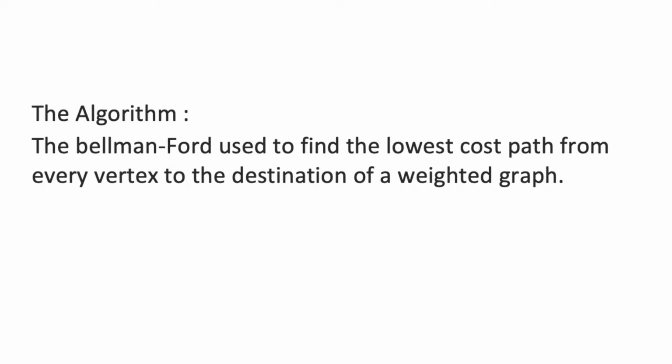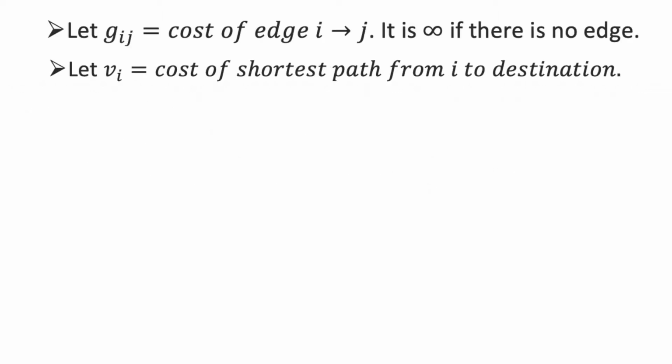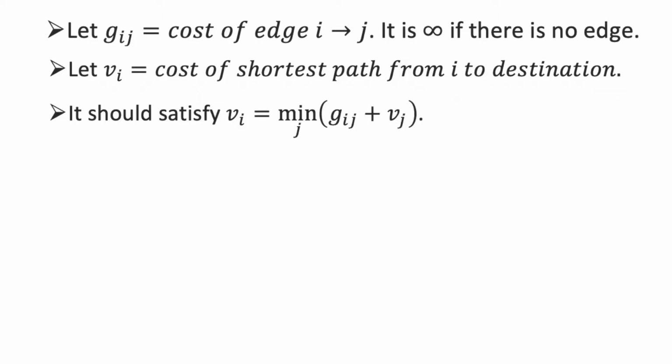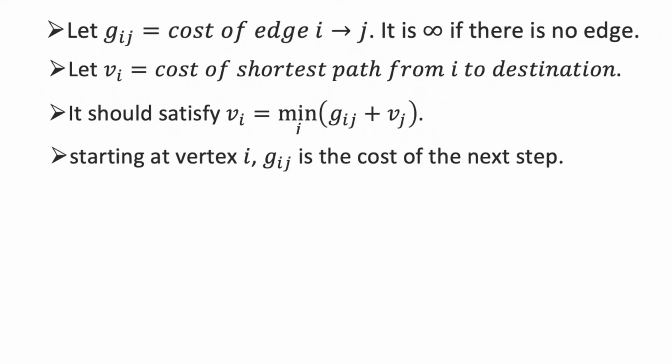Let Gij denote the cost of edge from i, that is the arc from i to j. It is infinity if there is no arc or no edge. Let Vi be the cost of the shortest path. It should satisfy Vi is equal to the minimum of Gij plus Vj over j.